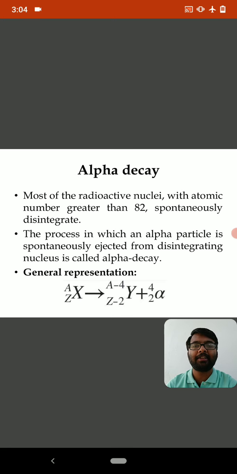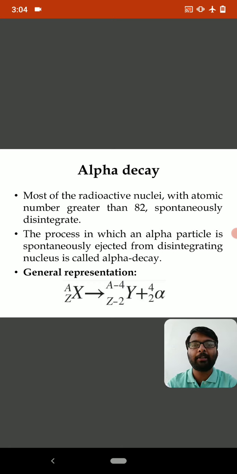If we consider any radioactive nuclei with atomic number greater than 82, atomic number greater than 82 means after lead, they will spontaneously disintegrate.